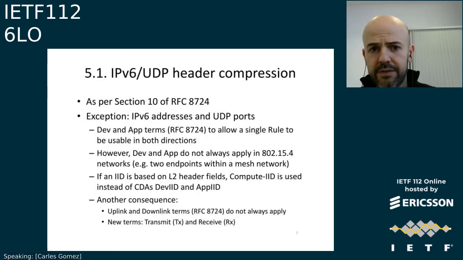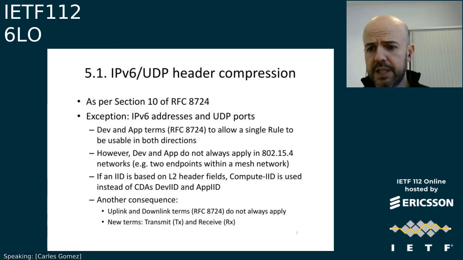Then in section 5.1, we specify how IPv6 UDP header compression is performed. We state that it must be performed as per section 10 of RFC 8724, except for one thing which concerns IPv6 addresses and UDP ports.